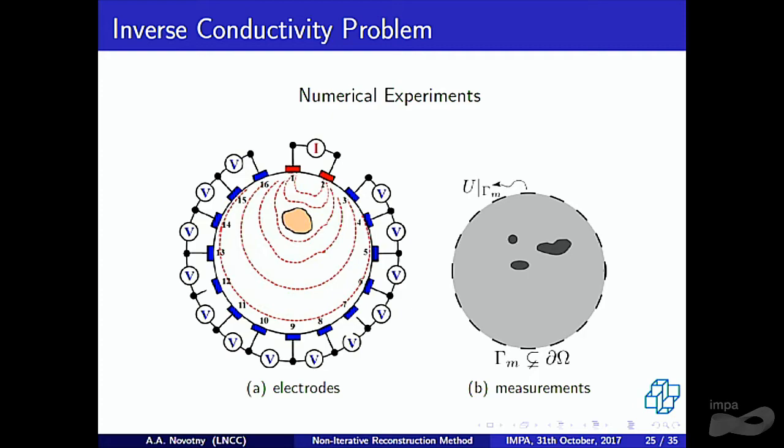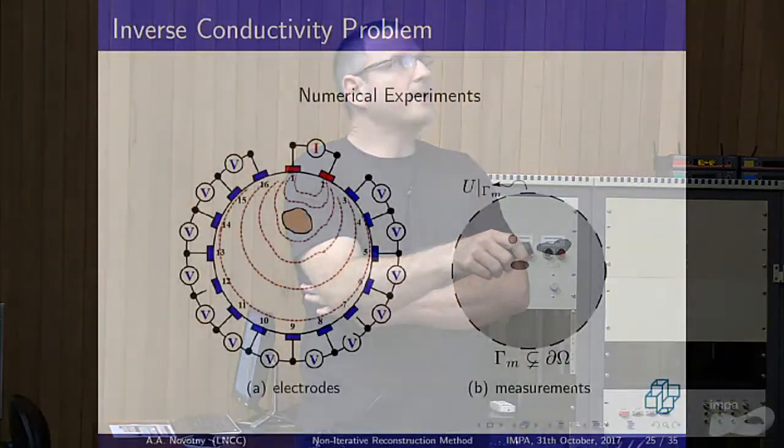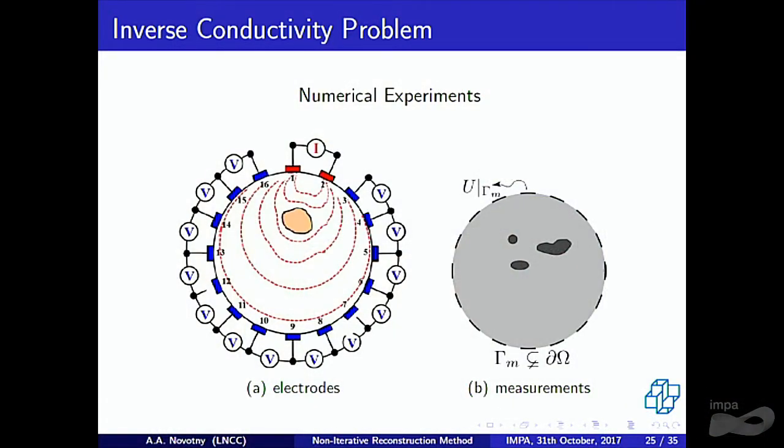So more specifically, we are dealing with some partial boundary measurement. Okay, it represents that half of the boundary is visible and half of the boundary is hidden.